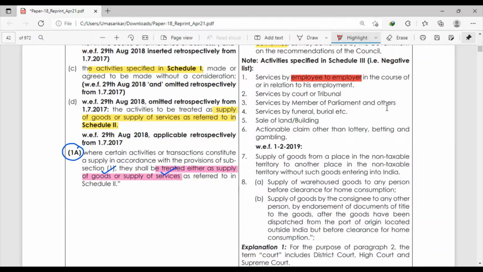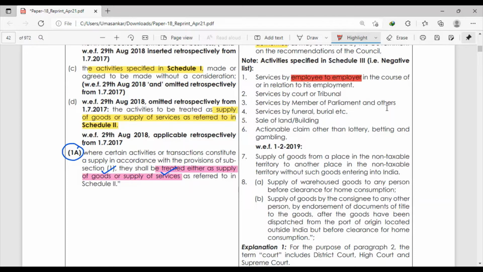Earlier in service tax there was a negative list, but in GST there is no negative list; for understanding purposes, you can consider it as a negative list. Schedule 3 contains some activities or services. Services by employee to employer, because there is already a predetermined agreement or contract for the services, so there will be no GST.